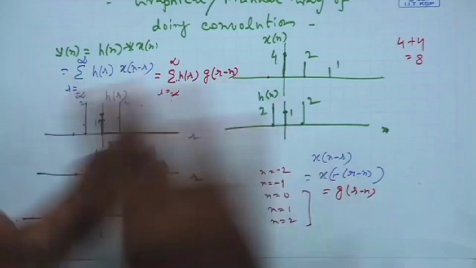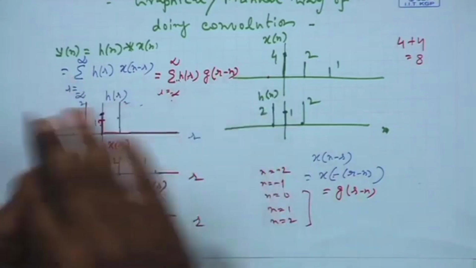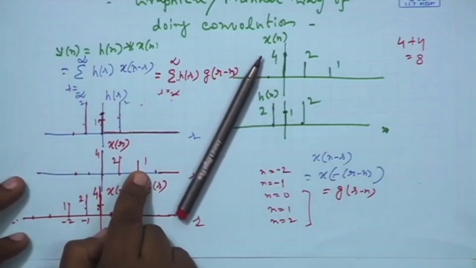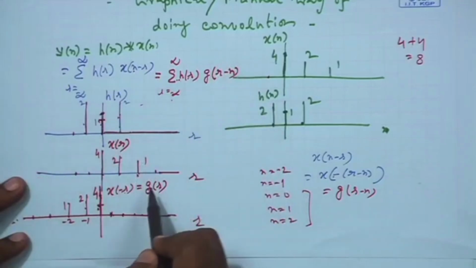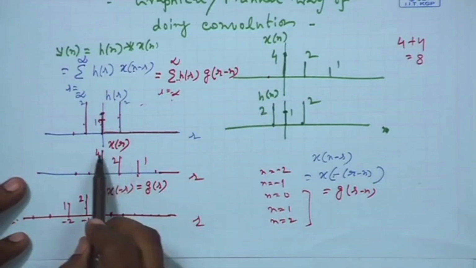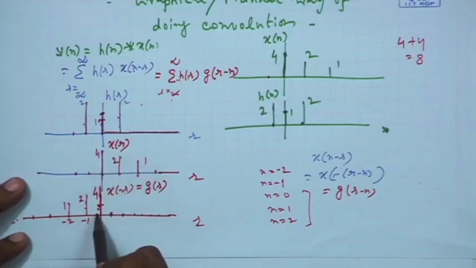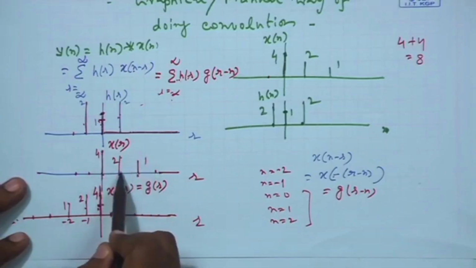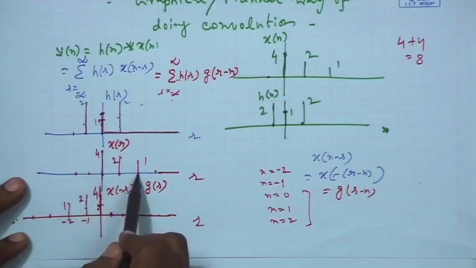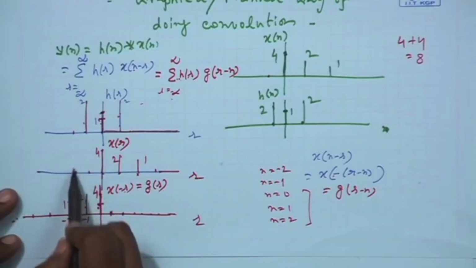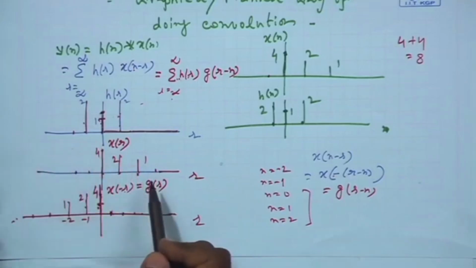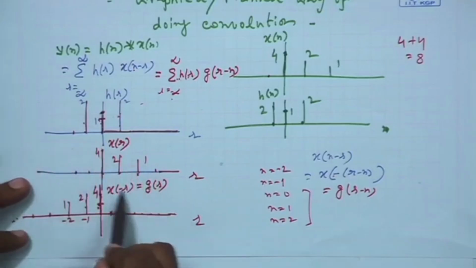The sequence x gets flipped, that is, from the positive side it goes to the negative side. It is called flipping. g r is nothing but the flipped version of x r. x r was here, the 0th sample remains as it is, but the first sample goes to minus first, the second sample goes to minus second. So, the right hand side goes to the left hand side. If there were left hand side samples, they would have gone to the right hand side also, because it is minus.